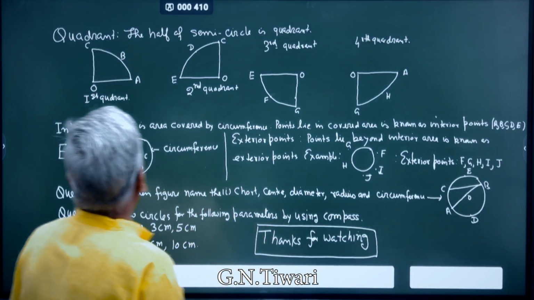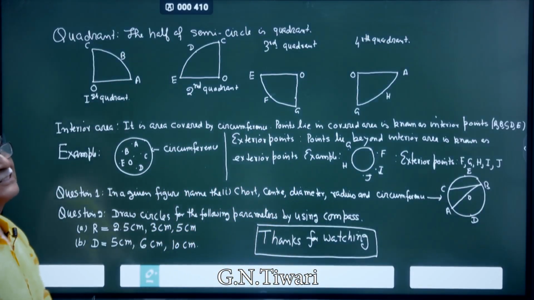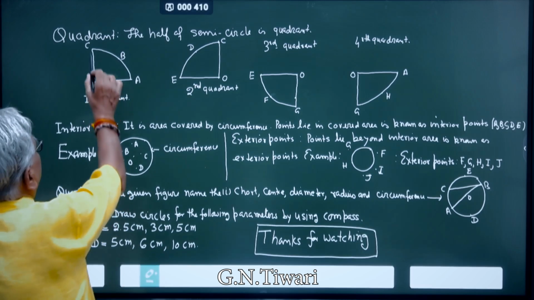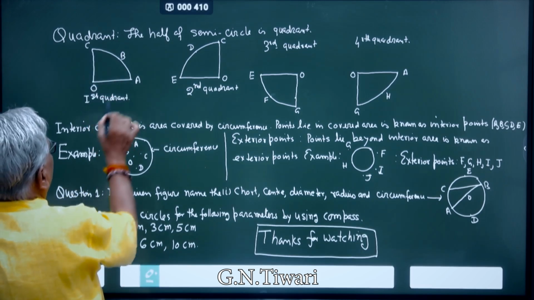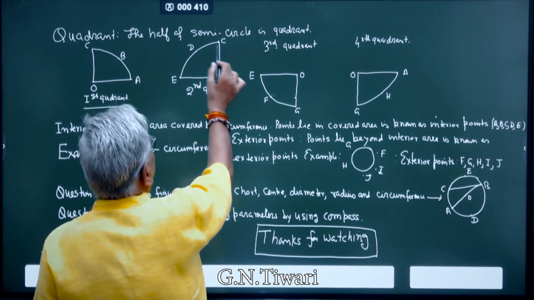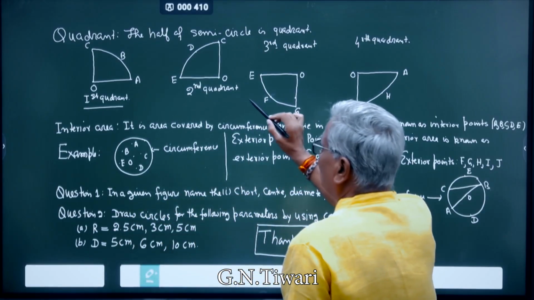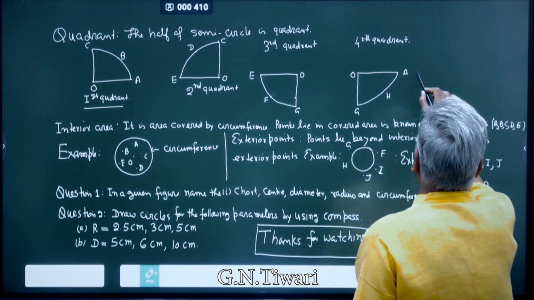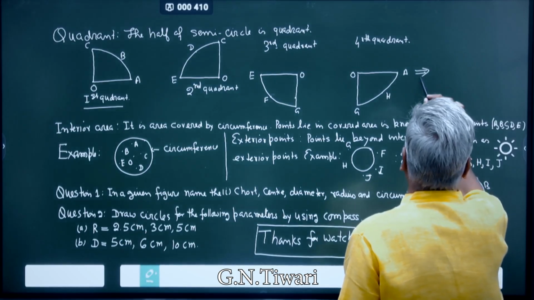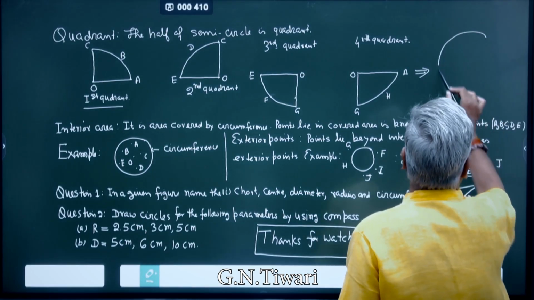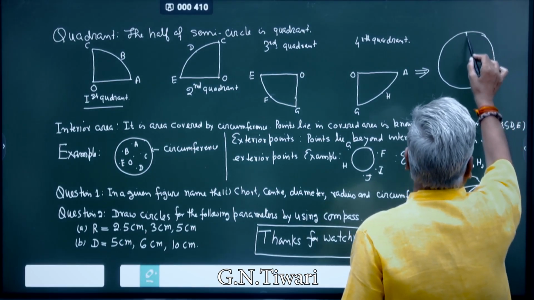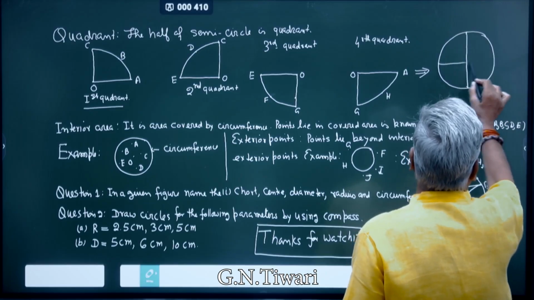अब देखिए क्वाड्रेंट सर्कल क्या होता है. अब देखिए this is 1/4 of the circle. फर्स्ट क्वाड्रेंट, this is the second quadrant, this is the third quadrant, it is the fourth quadrant. And if you are going to combine all these things, ध्यान से देखिएगा. So just make a circle here and here.